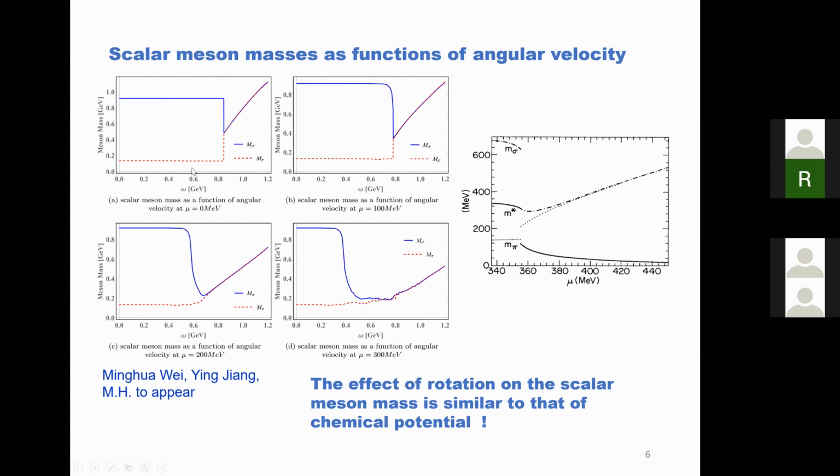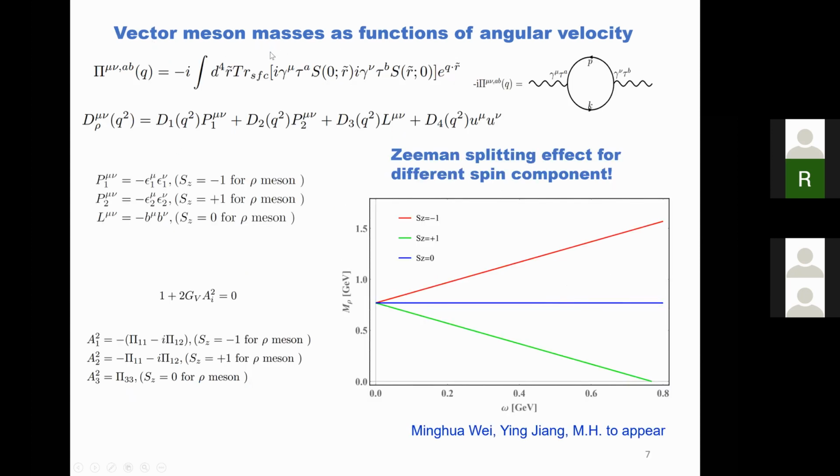And recently, we also investigated the vector meson as a function of angular velocity. We just calculate this RPA for the vector mesons. And we decompose the spin components for rho mesons.